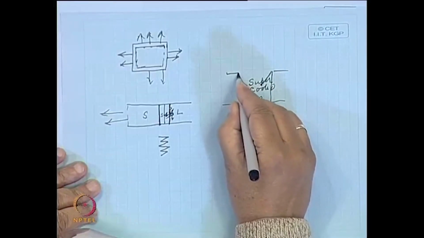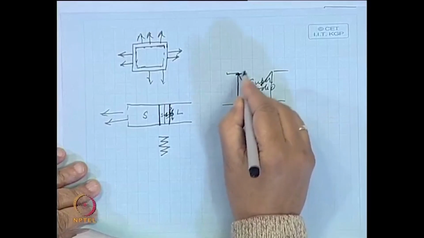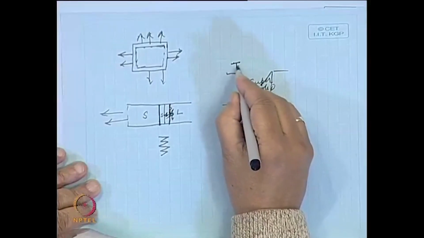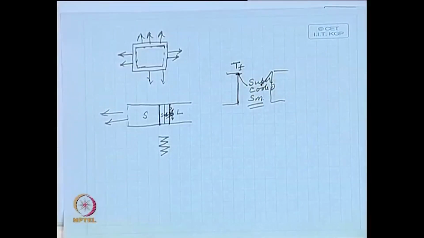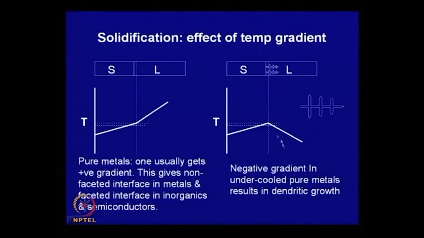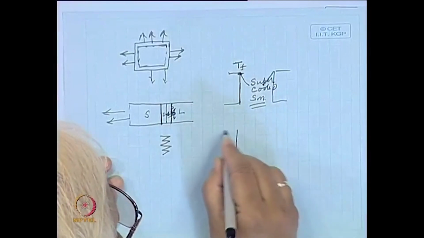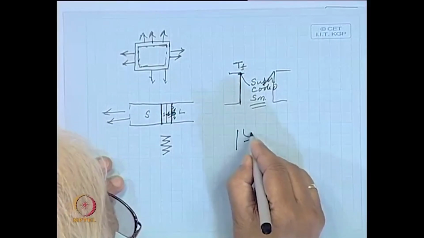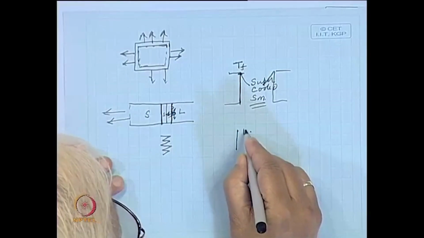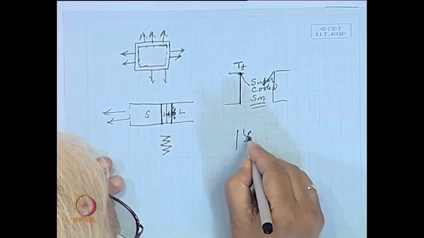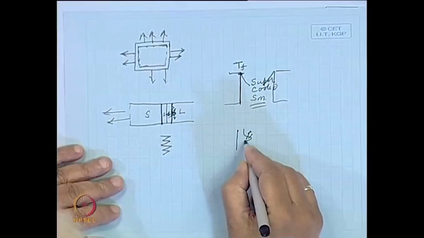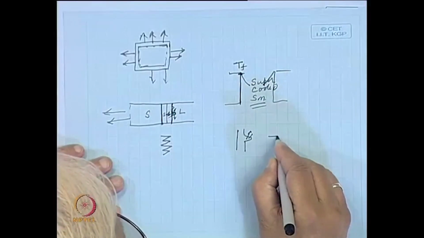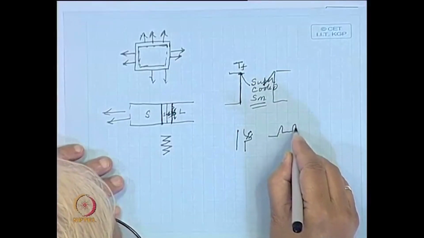This is the temperature, and this is the freezing temperature of that metal. Since the temperature in the nearby area is lower, if this is the interface and there is a deviation like this, this temperature is lower. So, when it solidifies, the heat can flow in this direction as well. So, this is stable.